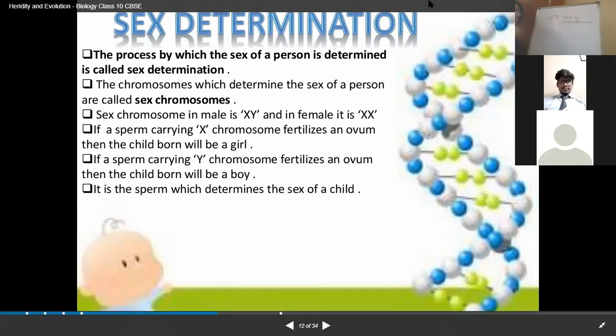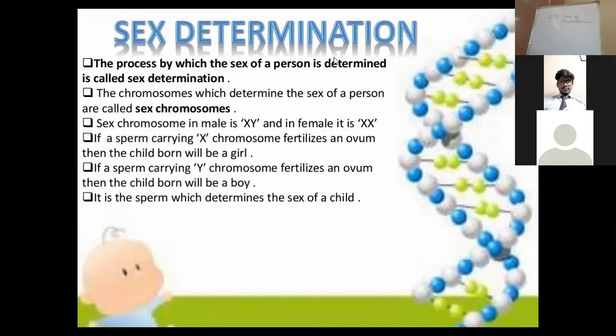Out of these 23 pairs, 22 pairs are similar in both sexes, both male as well as female. So they are known as autosomes.